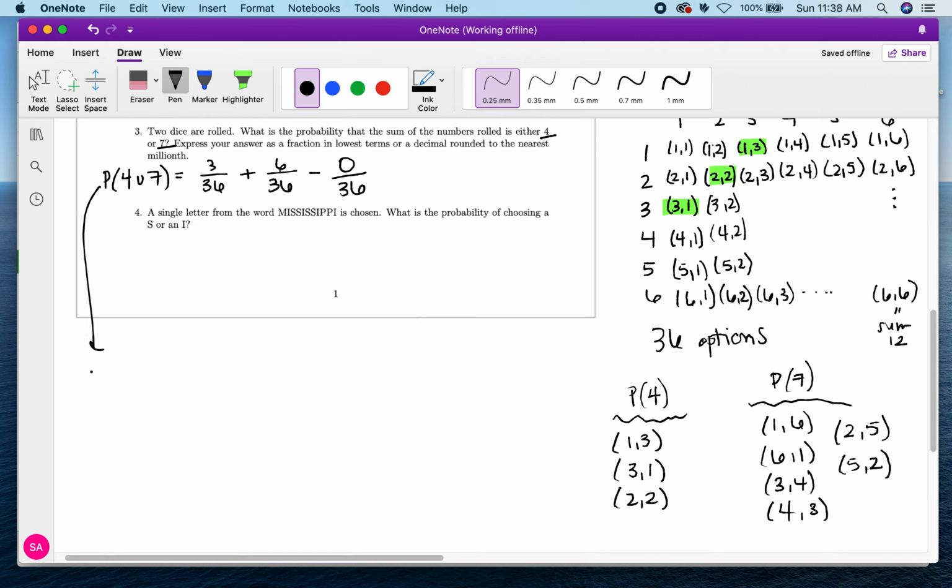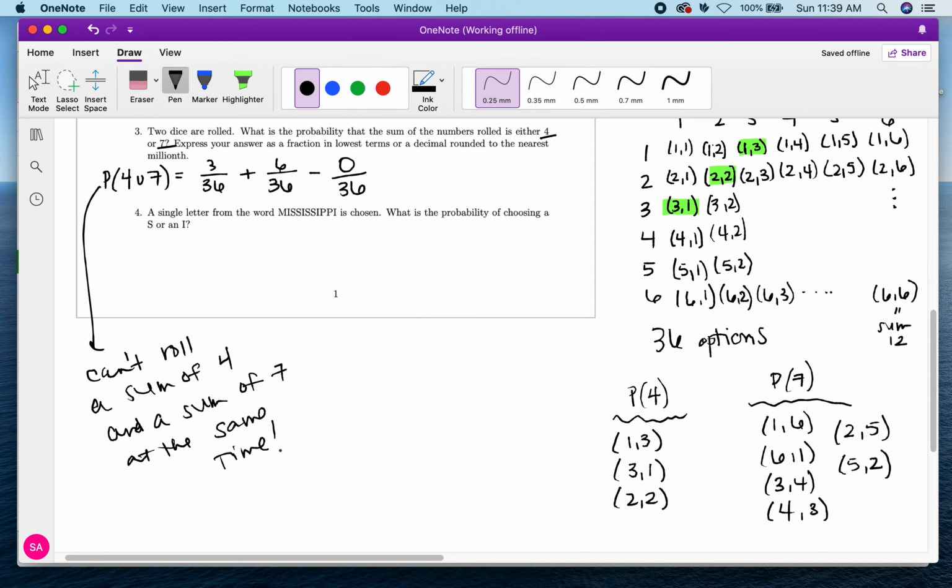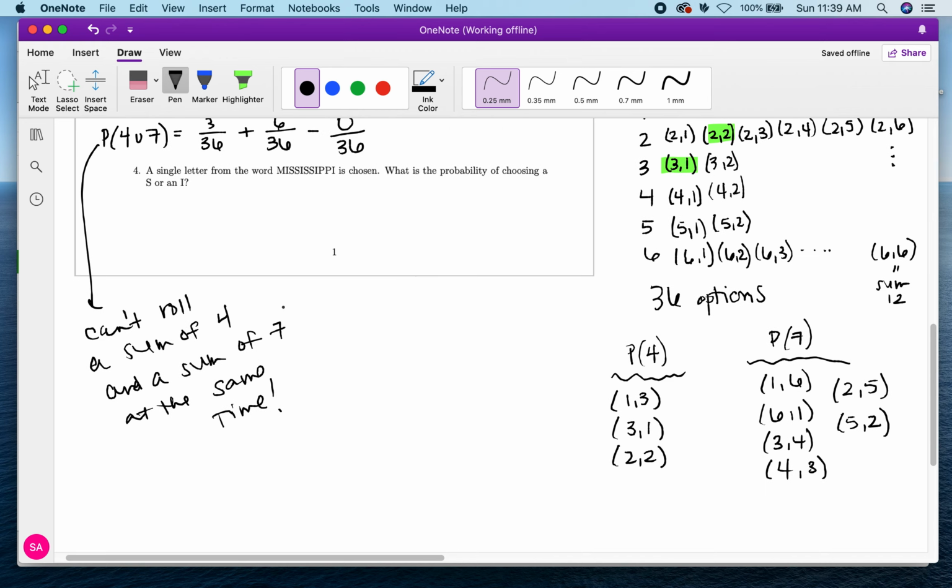Again, that's because we can't roll a sum of 4 and a sum of 7 at the same time. So these are actually something we call mutually exclusive events.